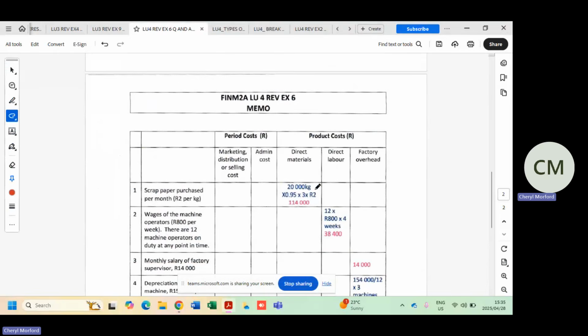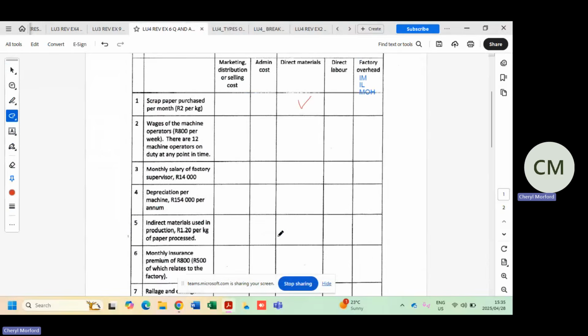Here is the working. The 20,000 kgs times the 95% times the 3 machines gave us the 57,000 kgs. Then we multiply it by 2 rand, and that will give us a cost for direct materials of 114,000 rand.